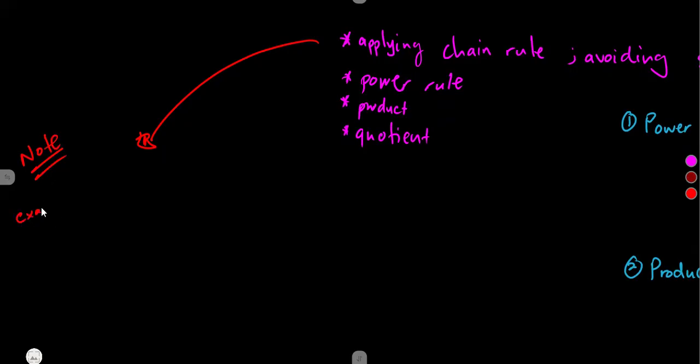If we are given something like this, in our simplification, there are two things: with respect to x when you're differentiating, and with respect to a certain term. We are given y is equal to sine 2x.